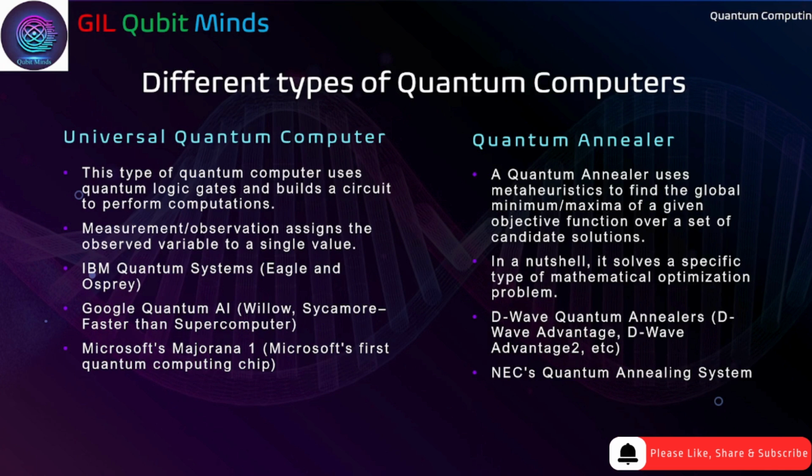Rather than only increasing the number of qubits, they are also reducing the error rates so that the quantum output will be more accurate. Also Microsoft has released the Majorana chip. Here D-Wave, we can see quantum annealers, we can use them, like D-Wave Advantage or Advantage 2, are there, or the NEC quantum annealing system is also there. So these are the different types of quantum computers.